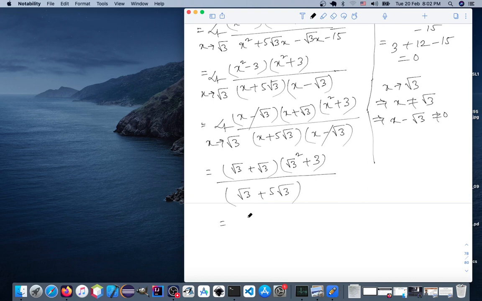This becomes 2 root 3 into 6, divided by 6 root 3. This becomes 2. 2 is the answer. Let's see the next problem.